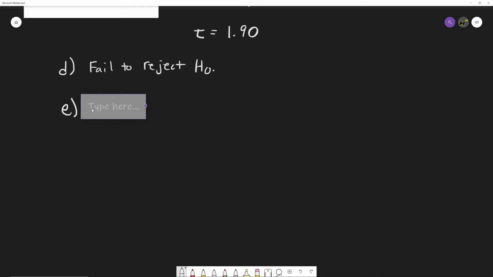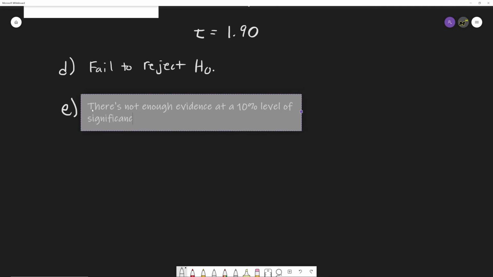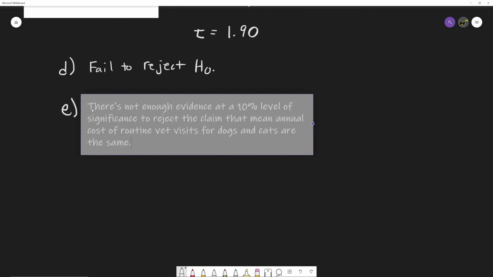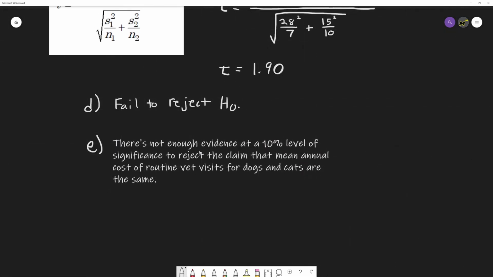We'd have to say there is not enough evidence at a 10% level of significance to reject the claim that mean annual costs of routine vet visits for dogs and cats are the same. So we couldn't quite say there's a difference. Yes, our sample showed there was a difference, but when we did the test, there's not enough evidence to reject the claim, so we failed to reject that null hypothesis.